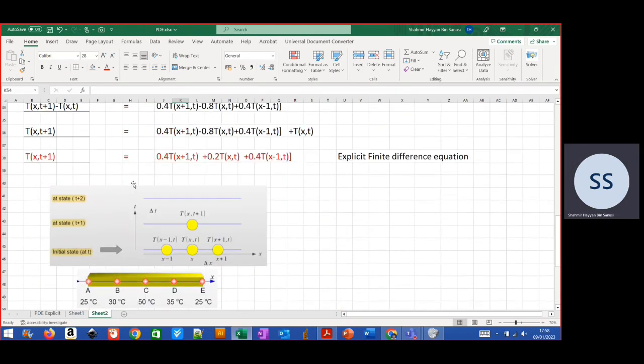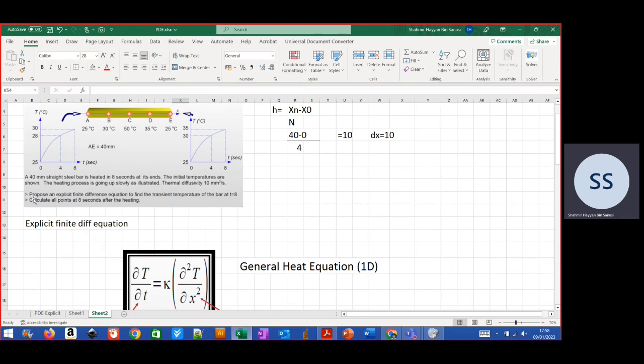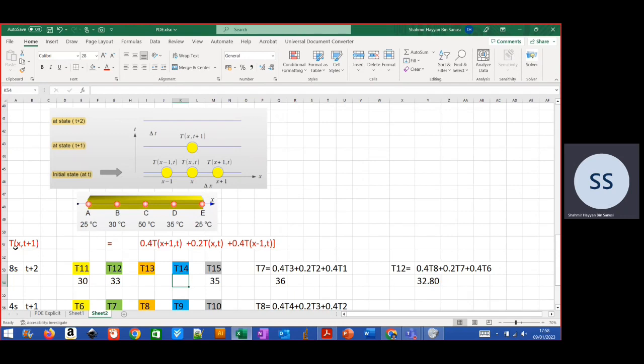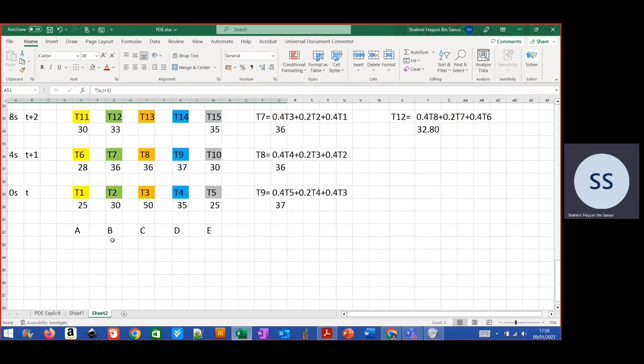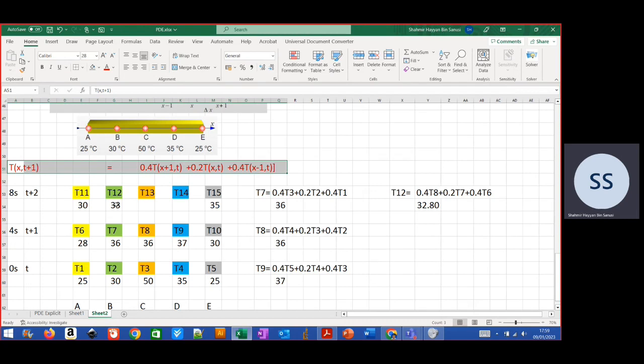So basically we have proposed an explicit finite difference equation, and we have also calculated all points at 8 seconds. I have done up until here. I didn't do these two yet, and I would like you to do them on your own. Just want to recap.